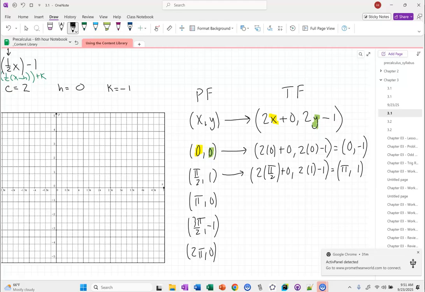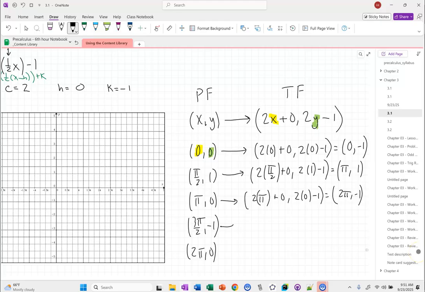You can always do the arithmetic in your head if you need, or in your calculator if you need to. And I'm just going to crank through these last 3 points here.